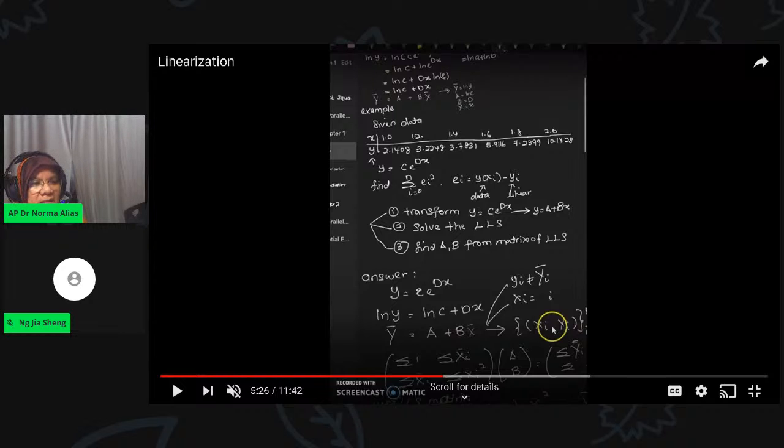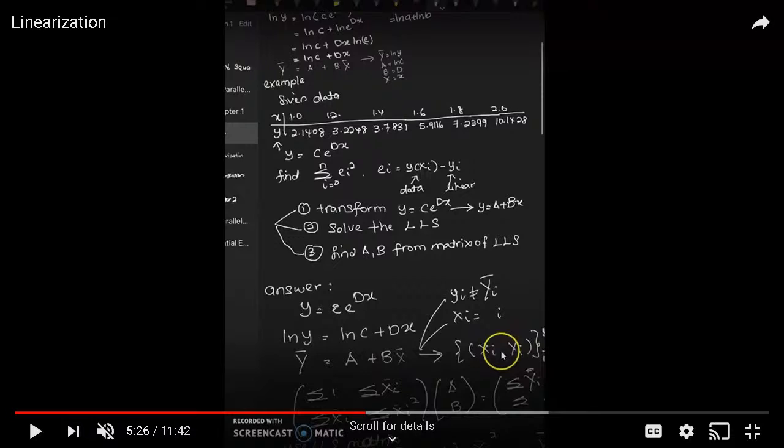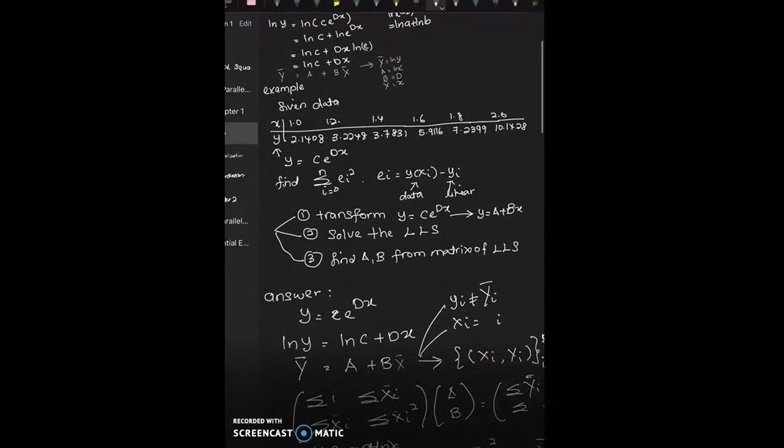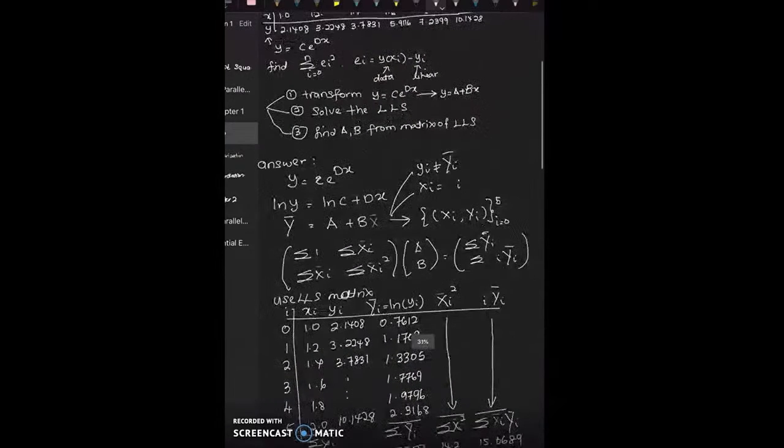Now let's refocus on the notes here. In this case, we need to apply the linear least square method. We need to find the summation xi, summation yi, summation xi squared, summation xiyi that we learned in the previous lesson. So you just insert the data.